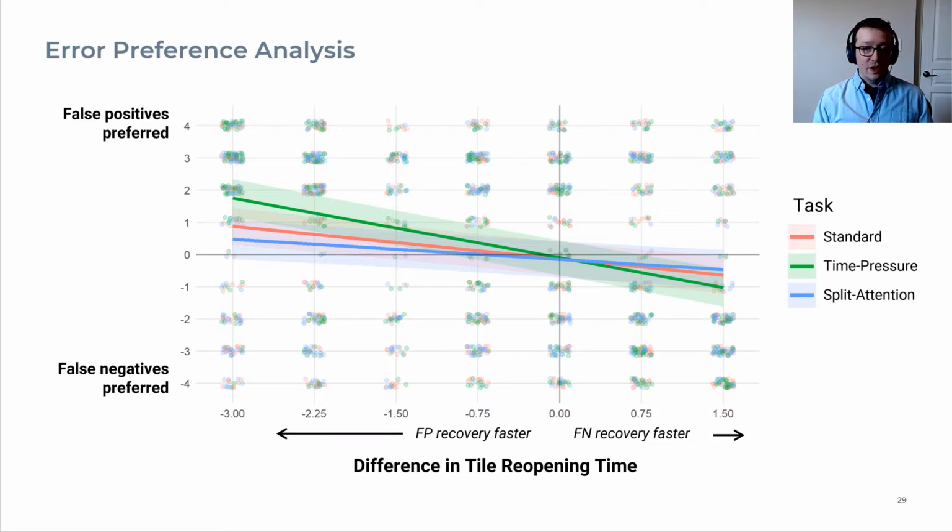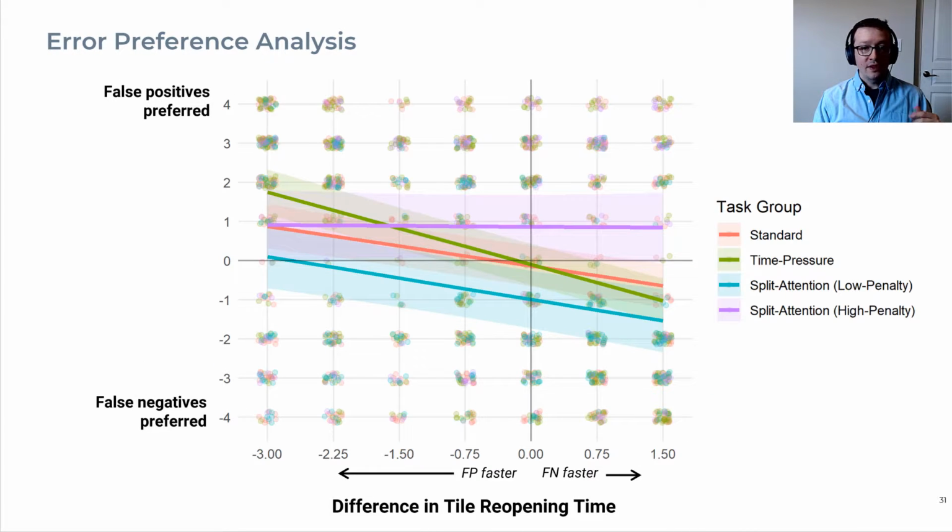And this prompted us to do a follow-up analysis where we subdivided participants on this task into 2 groups based on how well they did on the word monitoring secondary task. So here's the same chart with split attention divided into 2 groups. For the participants with a lot of penalties on the word monitoring task, that's the purple line, we see a flat response.